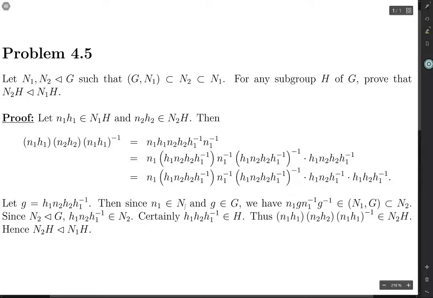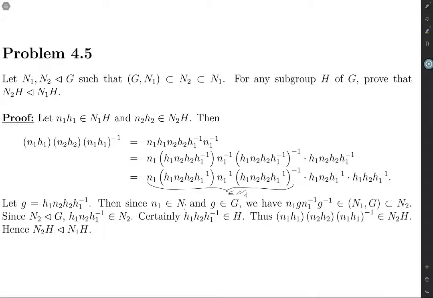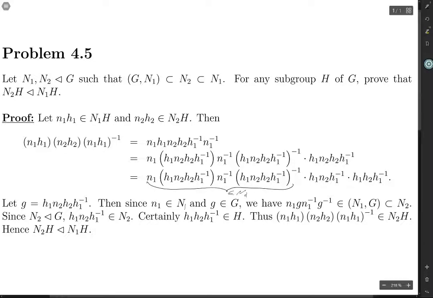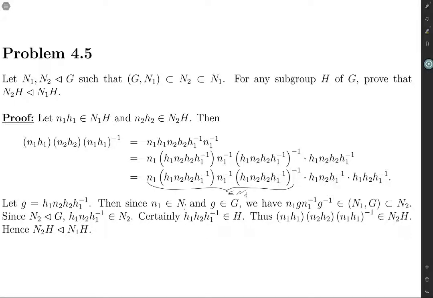So what we have so far is this whole thing right here is contained in N2. Okay, so that's good. For normality, we're going to want this entire thing on the right here to be contained in N2H. So this is in N2. That's good. We're on the right track. For the other stuff, we've got N2 is normal in G. So let's take h1 n2 h1 inverse.